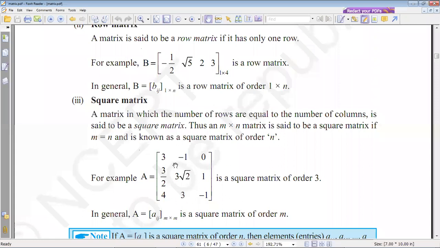So this is an example. How many rows are there? 3 rows are there. And how many columns are there? 3 columns are there.